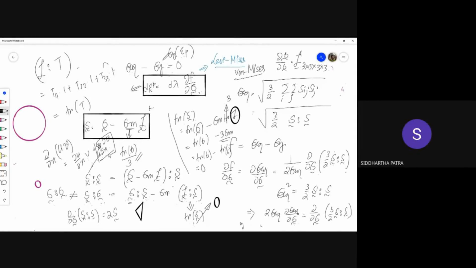If you had used the chain rule and taken the derivative of the second term, then also you would have got S and this identity matrix on the right side, which would again give you S. So essentially, it can be shown that this derivative gives you twice S.